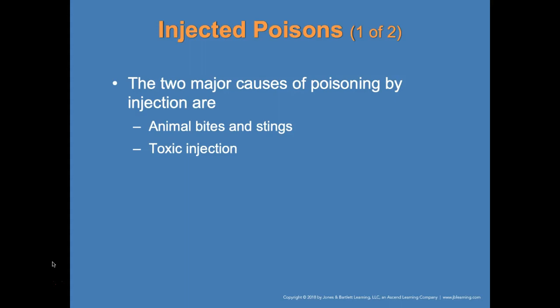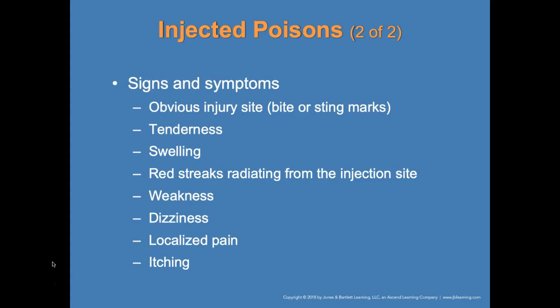And toxic injection would be somebody intentionally injecting it into their system. Some signs and symptoms: obvious injury site, a bite or sting mark, tenderness, swelling, red streaks radiating from the injection site, weakness, dizziness, localized pain, and itching.